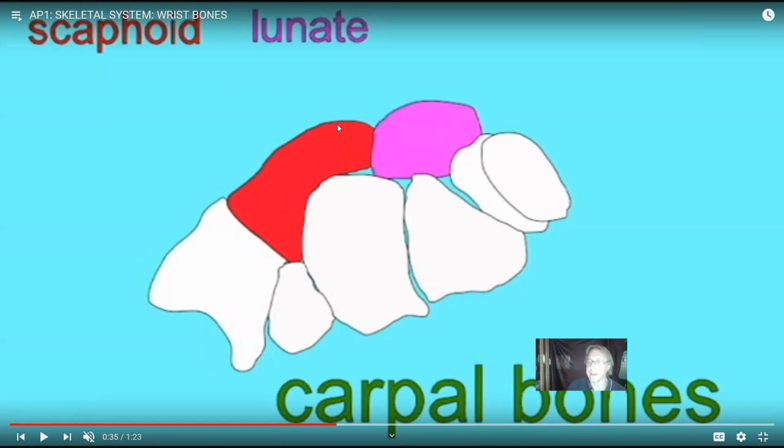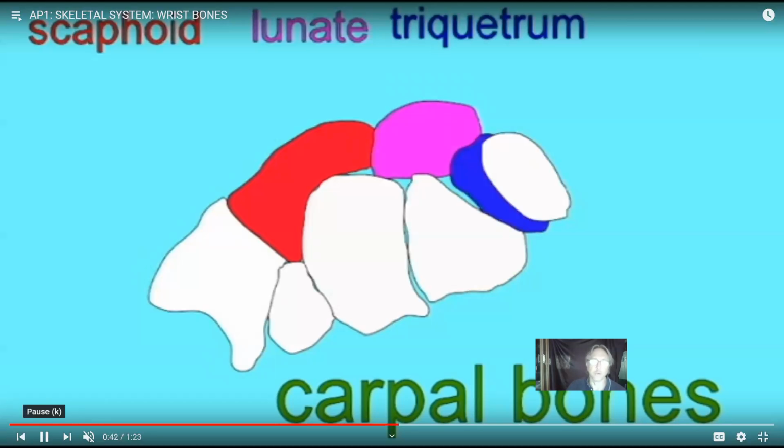If you were to break a wrist bone in a wrist fracture, most of the time the scaphoid is the only bone of these 8 which would break. So that's important to know. Then we have a triquetrum and a pisiform.